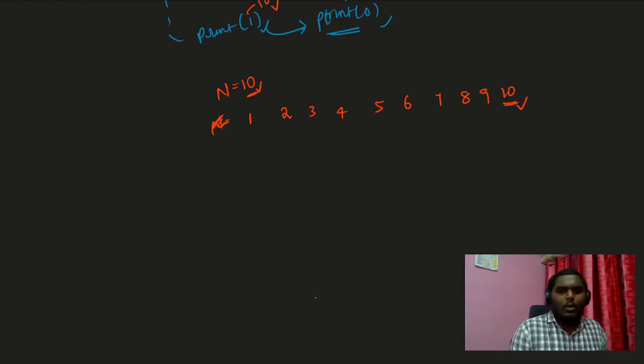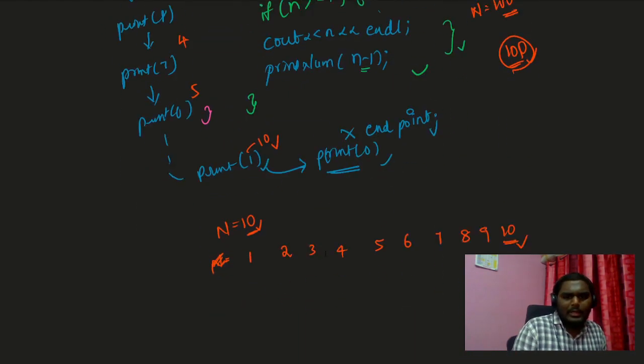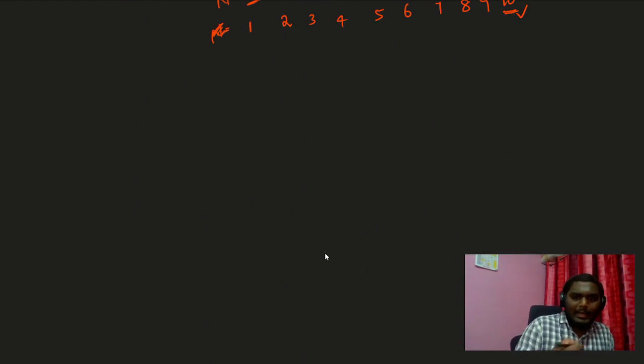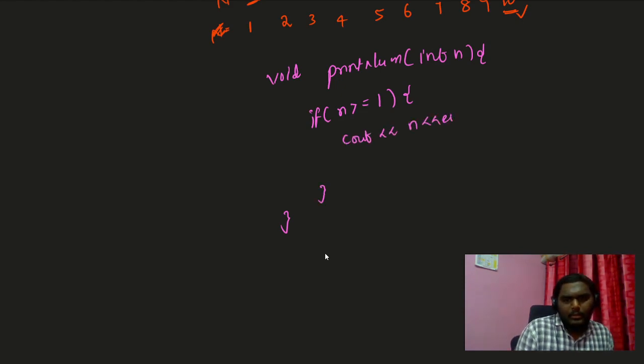Now let's write the same code that we wrote earlier. Void printNum, int n. If n is greater than or equal to 1, we print n and a new line, then we call printNum of n minus 1.